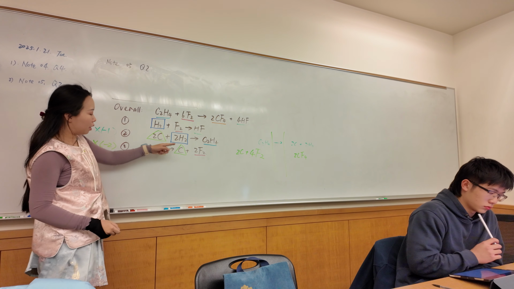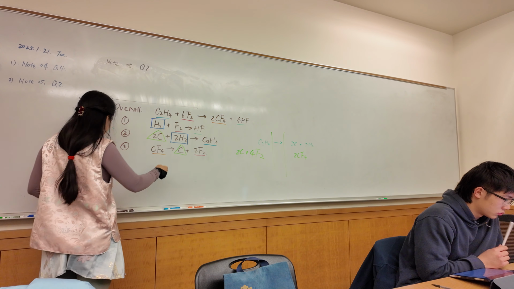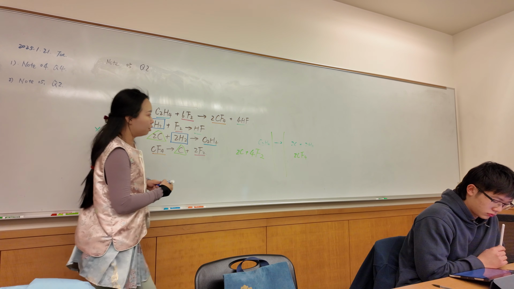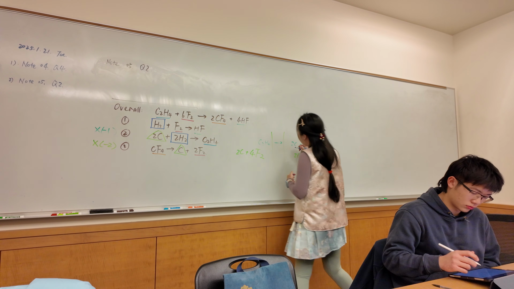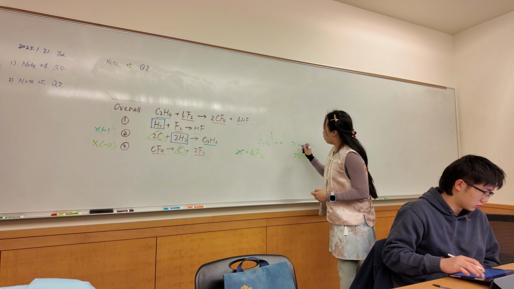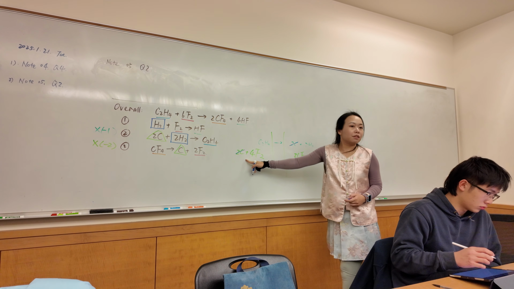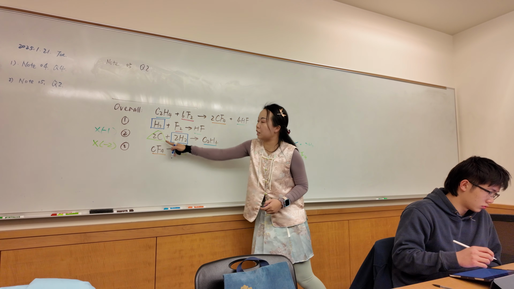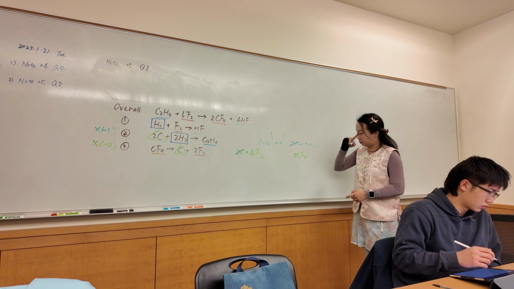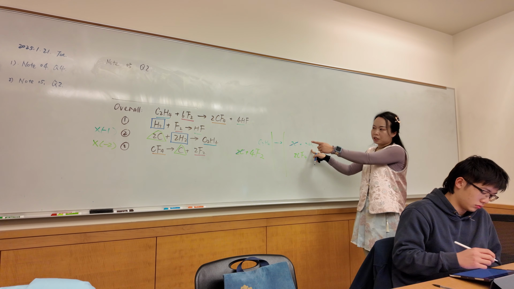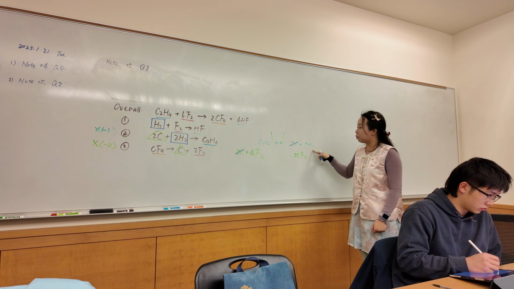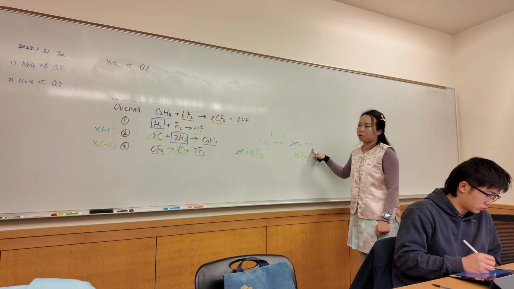Okay, we will do another one here. This H2. Let me say this: 2C was cancelled. We just did C to cancel this. H2, which was also an intermediate, we have not cancelled yet. We want to cancel this 2H2. What should we do?